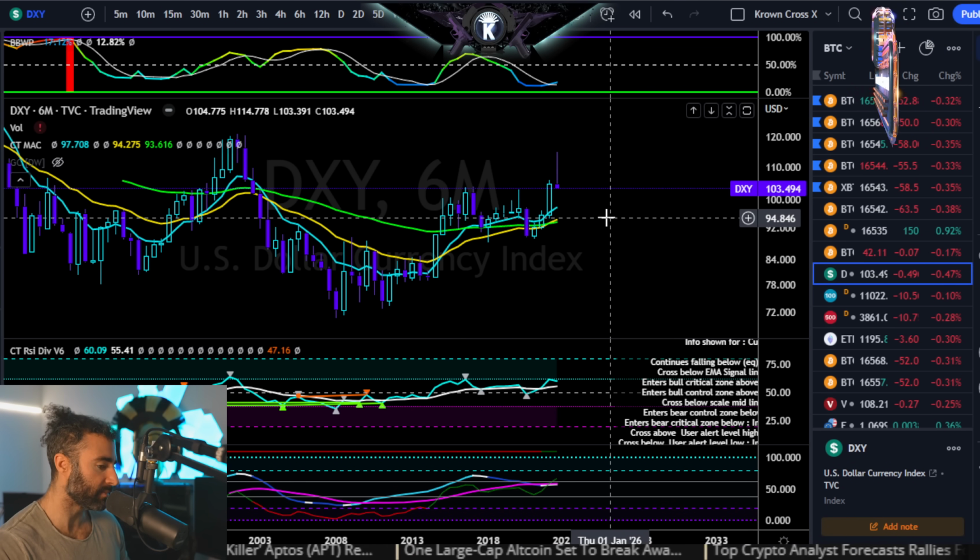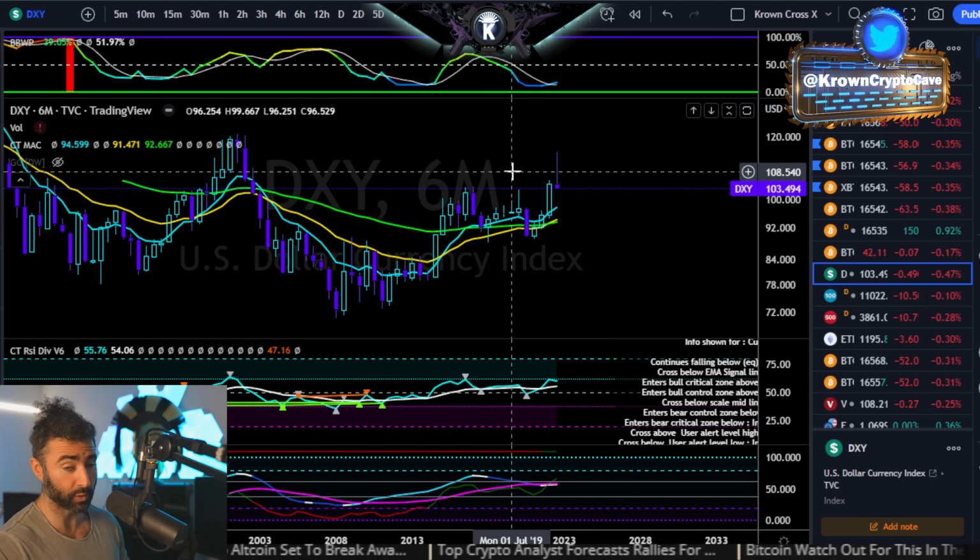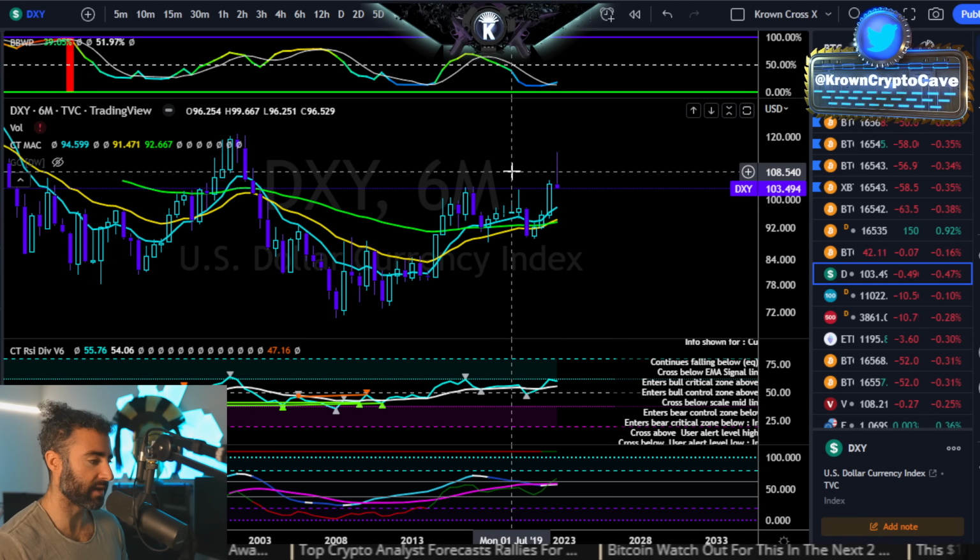But as of right now, it does seem that 2024 very likely opens up on a pullback for Dixie. And does that benefit risk on assets?